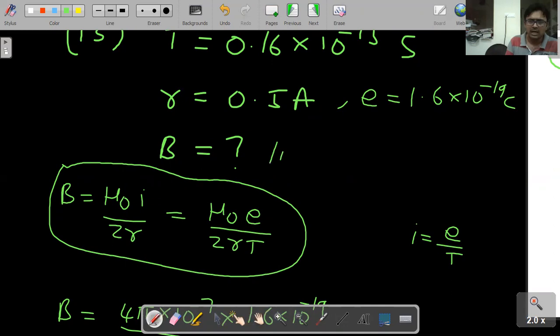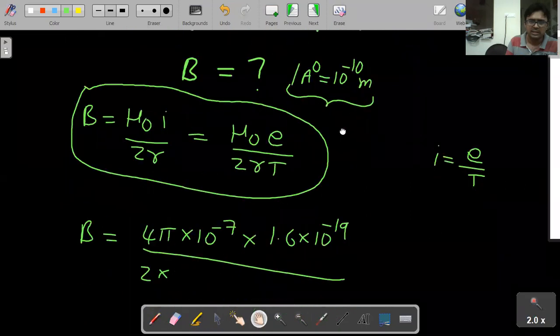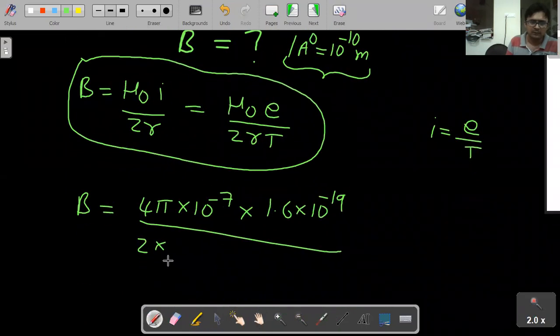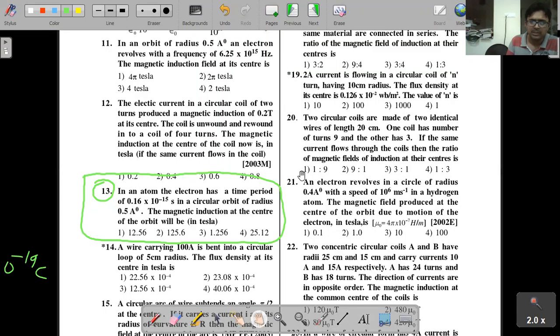Remember, 1 angstrom is equal to 10 power minus 10 meter. Don't forget this information, even in chemistry you will be using it. It is very important information about the unit angstrom.